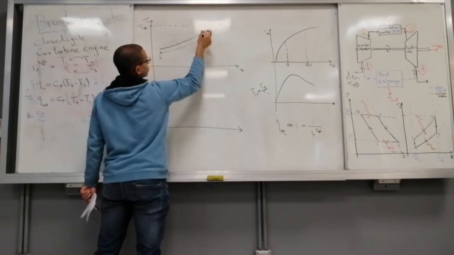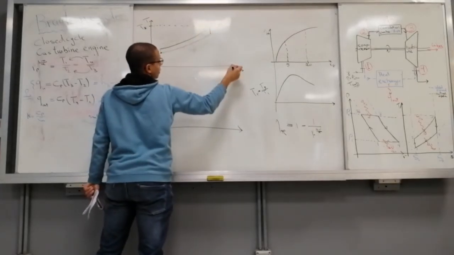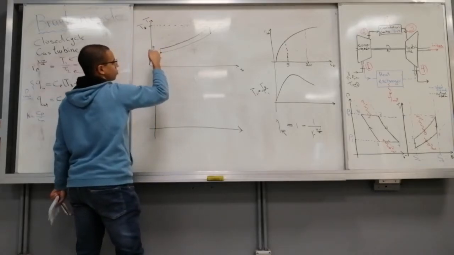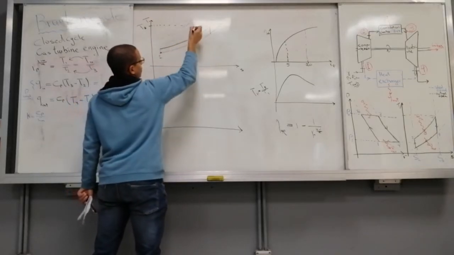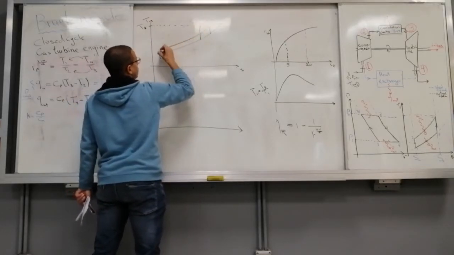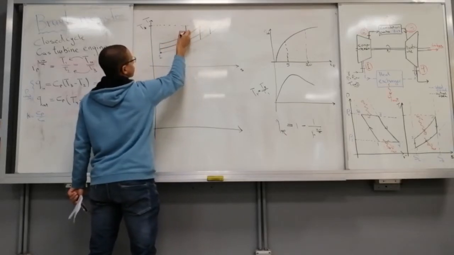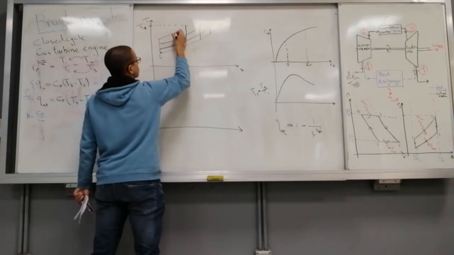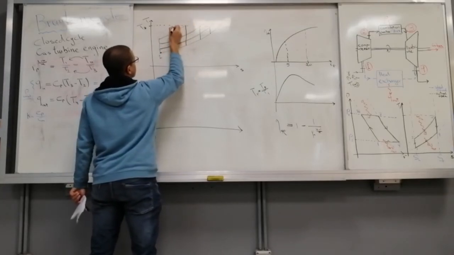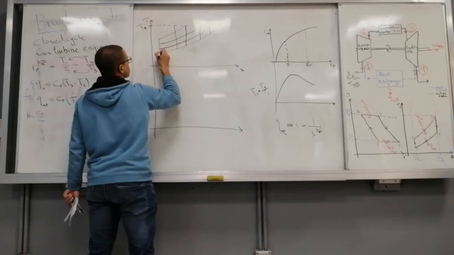I know that this process has to be isentropic, and this process has to be isentropic, isobaric, and isobaric. This one might be something like this, and this one something like this. Another one over here might be something like this.